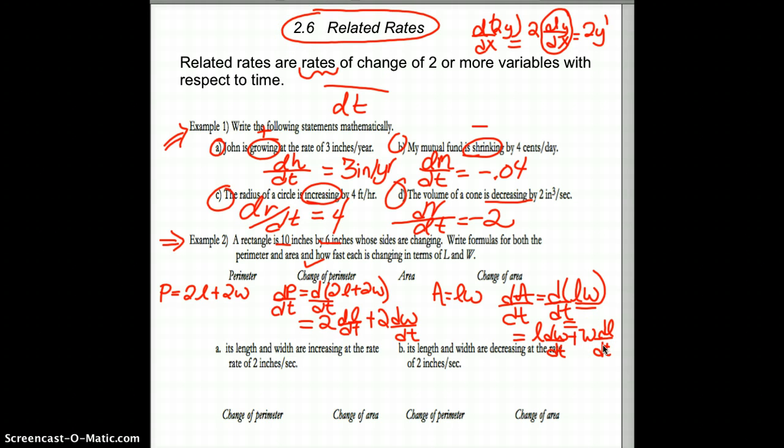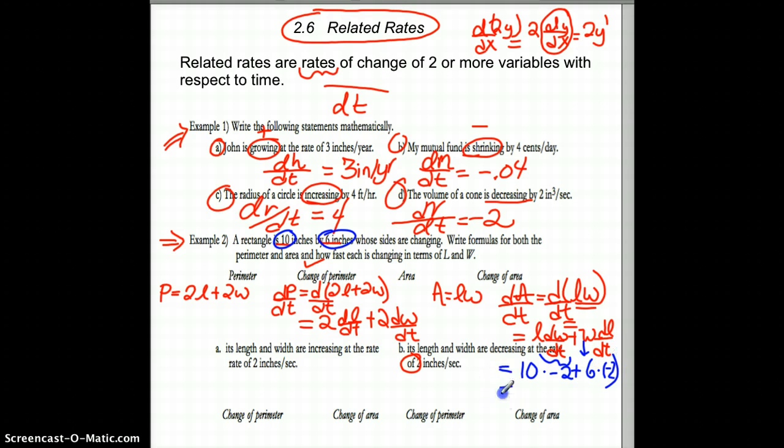And then if they give me values, for example right here, where it says the length and the width are decreasing at a rate of 2 inches per second, and I am supposed to evaluate that, then I go back to my original, that my length is 10 and my width is 6, so I'd say 10 times my width changing at a rate of negative 2, plus its original W of 6 times the length also changing by negative 2.